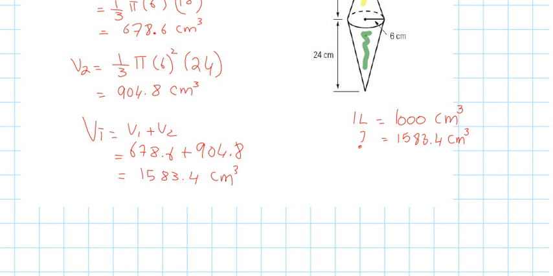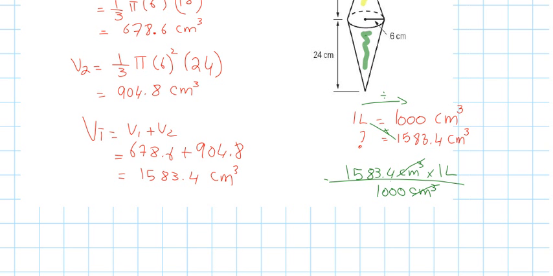So you cross multiply the two numbers that you have, and then you divide by the 1,000. So I have 1583.4 centimeter cube times 1 liter divided by 1,000 centimeter cube. When I have this, the centimeter cubes cancel. One has to be on the top, the other one has to be on the bottom. And then I'm going to end up with just liters.